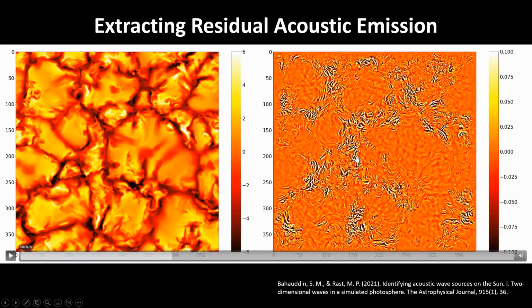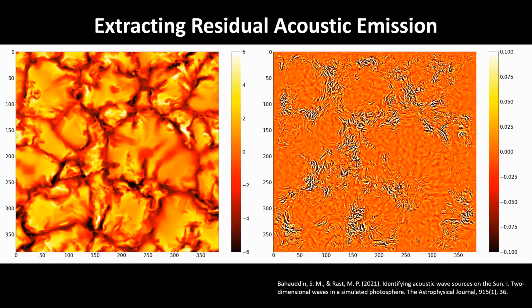Now, here are two components that are important to understand. All of these bright white and black regions that you can see, these are not from the acoustic sources, okay? So these are actually from the edge of the granule where advective transport is happening, okay? And the problem is that the advective transport has a very close perturbation speed compared to the acoustic sources.